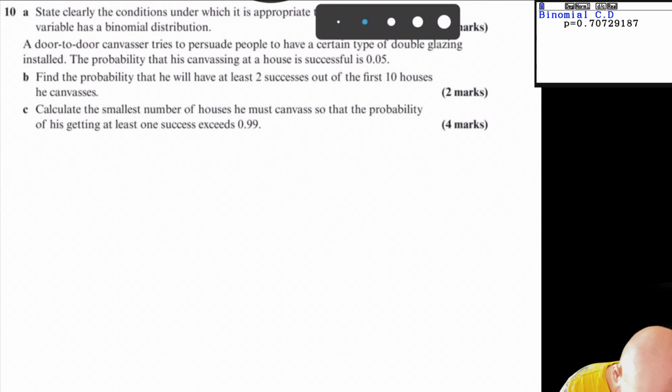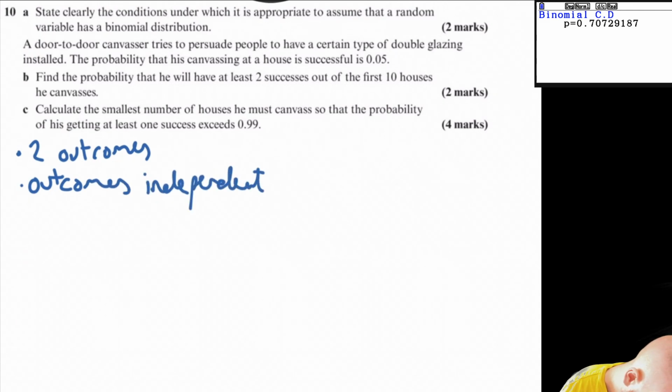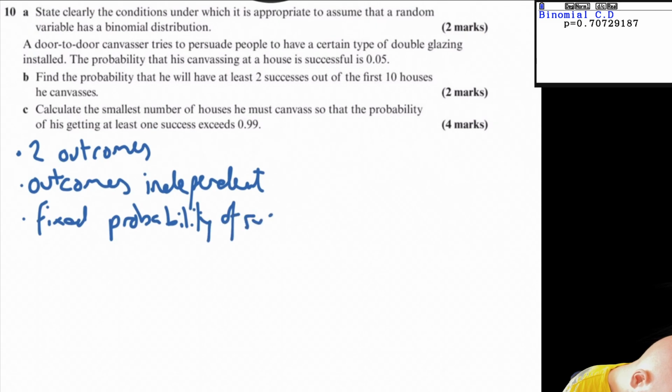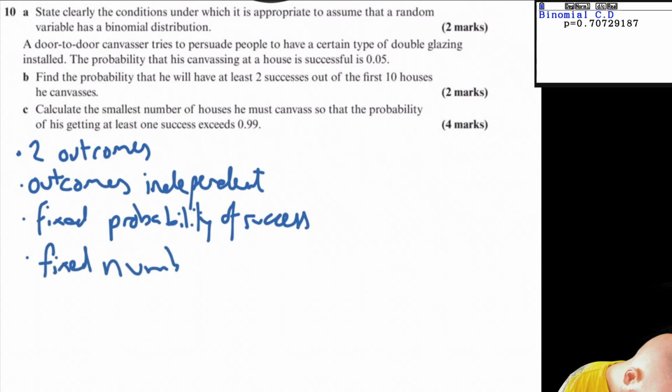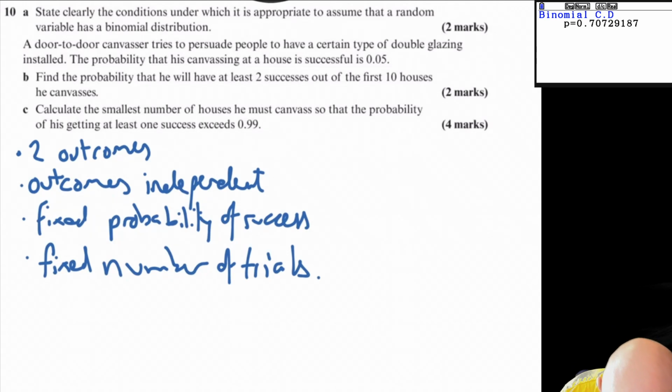It says 4 conditions: 2 outcomes, independent outcomes, fixed probability of success, and a fixed number of trials. There you go. So those are your 4 conditions where you can use binomial.